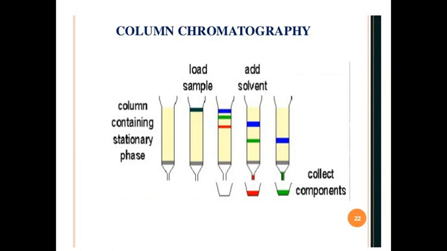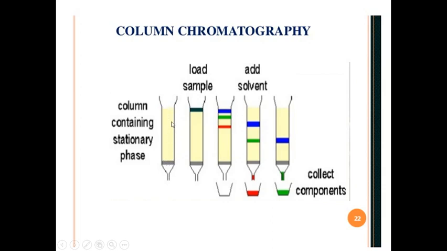Now in column chromatography we require a tube-like structure, known as a column, and this column should be filled with the stationary medium. Mostly this stationary medium is nothing but an inert material.